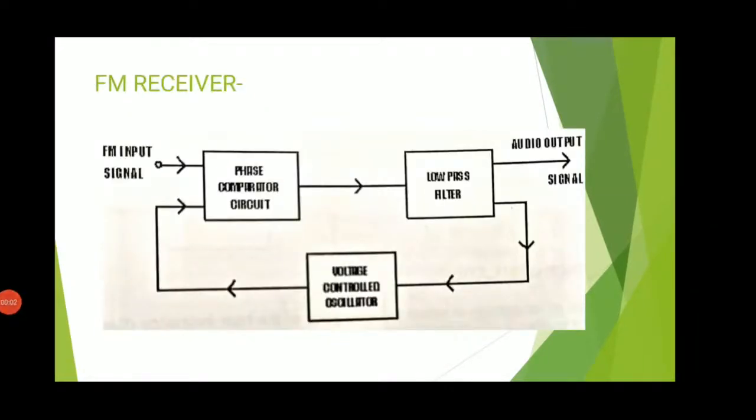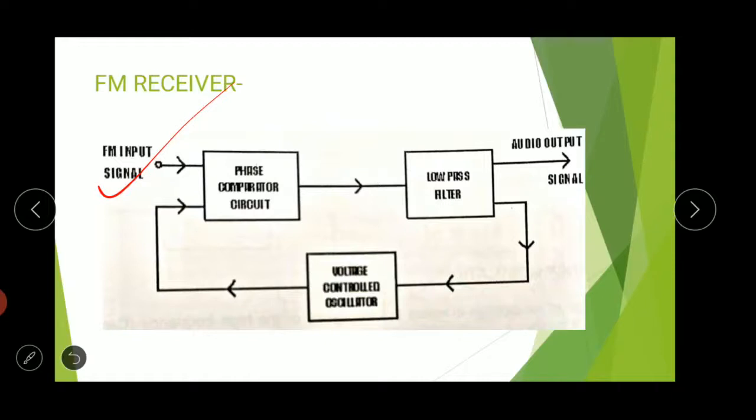So this is the FM receiver, and this one is the demodulator that is used in the FM receiver. The demodulator demodulates the signal in order to recover the original signal from the modulated signal. This one is the phase locked loop detector.